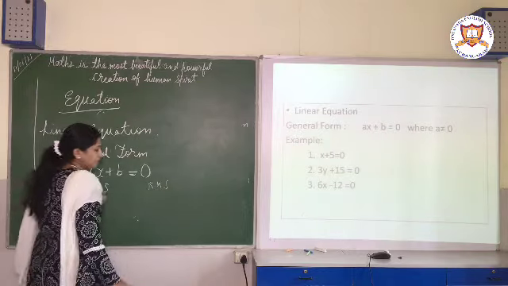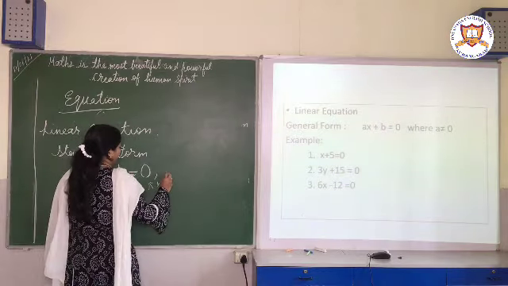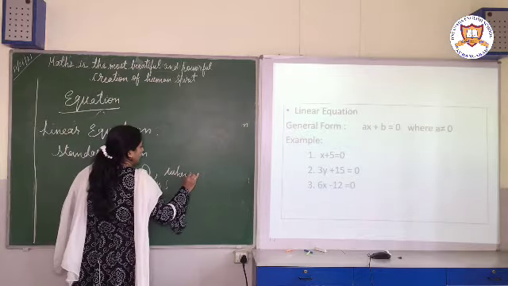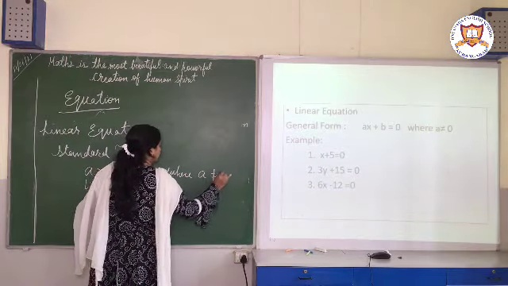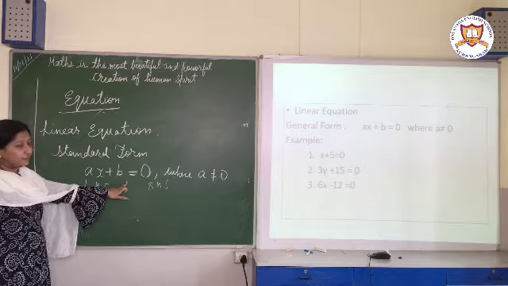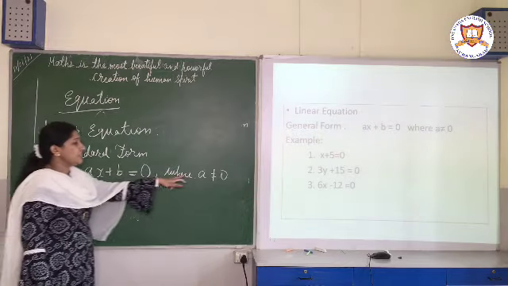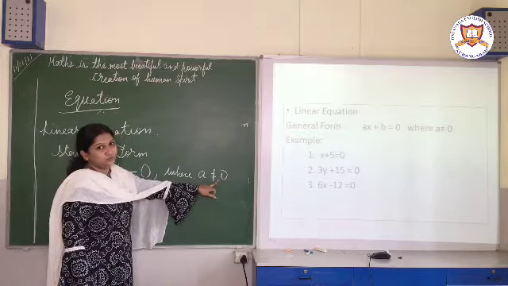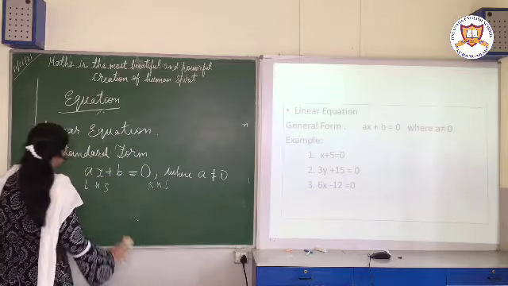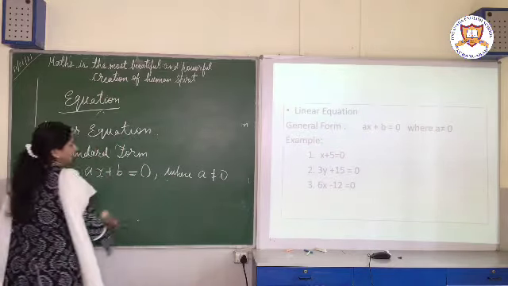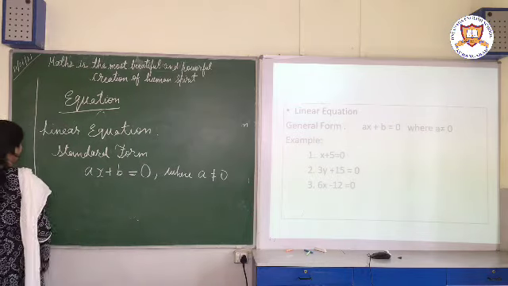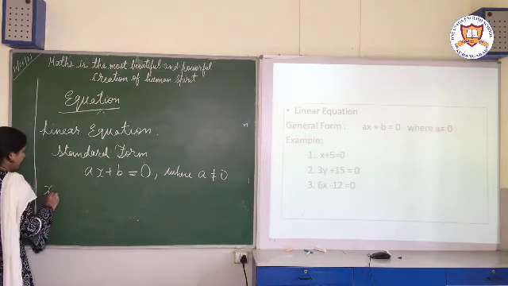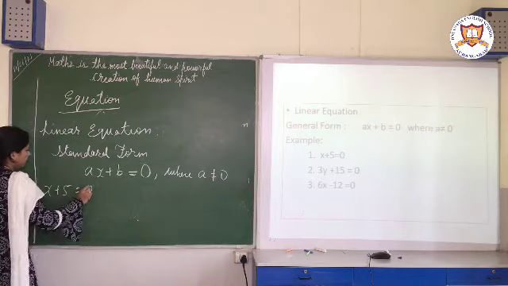Now again here there is a condition, students, that if this is the standard form for linear equation, the condition is that a should not be equal to 0. Okay. So now let's try some example. Now as you see, the first example is x plus 5 is equal to 0.